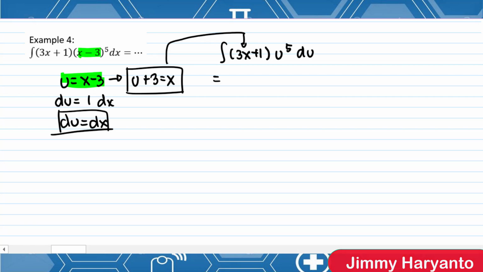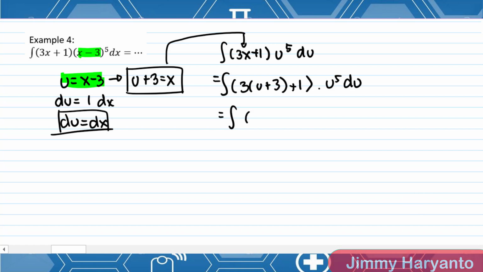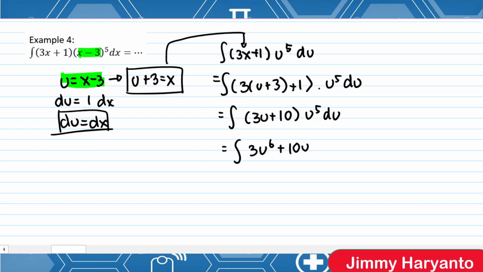Oh, that is amazing. 3 times (u plus 3), then plus 1, and then times again u to the power of 5 du, equals the integration of 3u plus 9 plus 1, 10, u to the power of 5 du, equals the integration of 3u to the power of 6 plus 10 u to the power of 5 du.